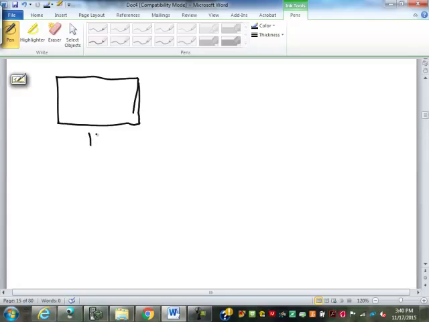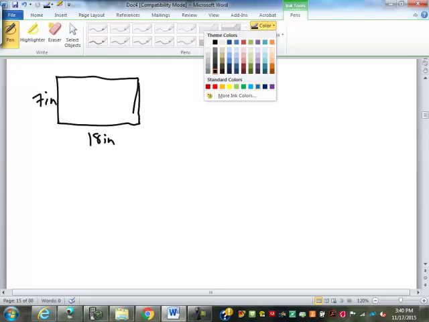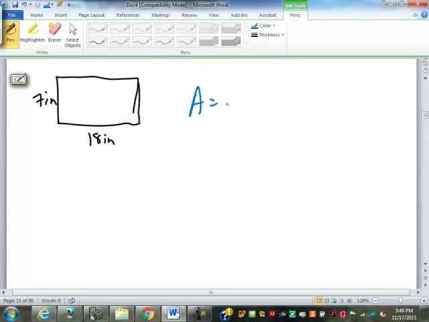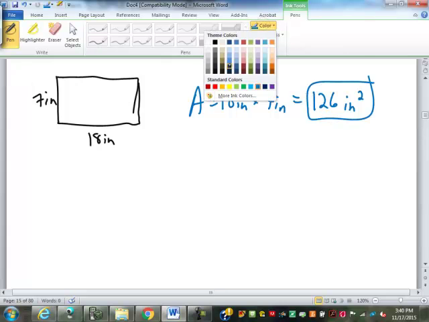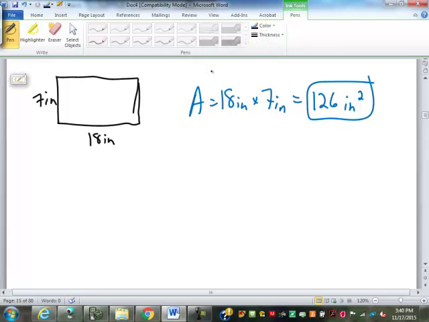So if I have a rectangle that is 18 inches by 7 inches, how do I find its area? 18 inches times 7 inches equals 126 inches squared. Very good. So for a rectangle, it is just length times width.